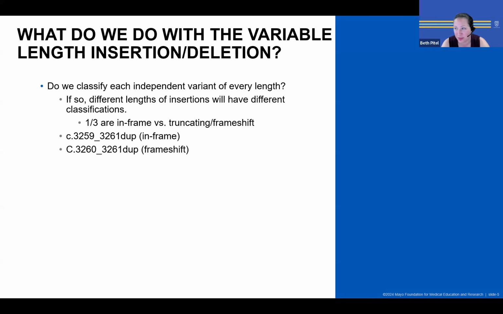MSH6 is probably the most common area where we've seen these variable length insertions and deletions, but I have seen it at MSH2 also, and pseudogenes are a really good consideration. We have to be very careful with PMS2, as does everybody, because 5 of the 15 exons are part of the pseudogenes. So there's a lot of strangeness that goes on with that.